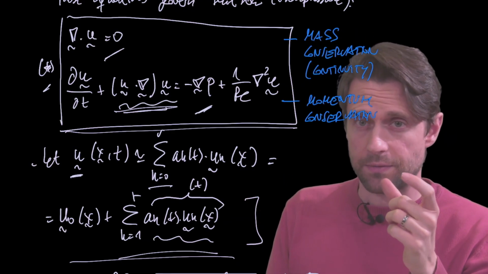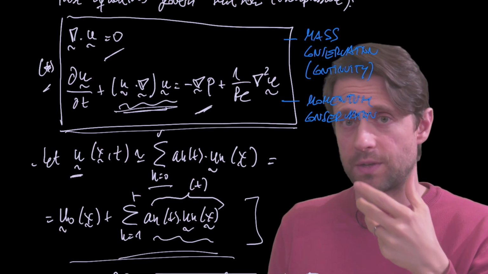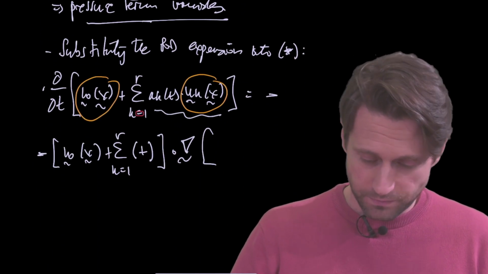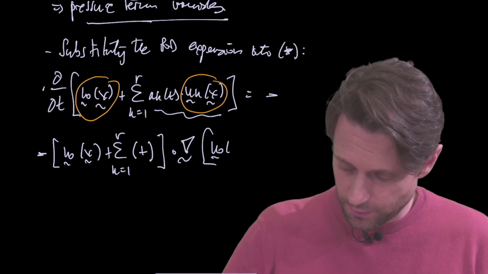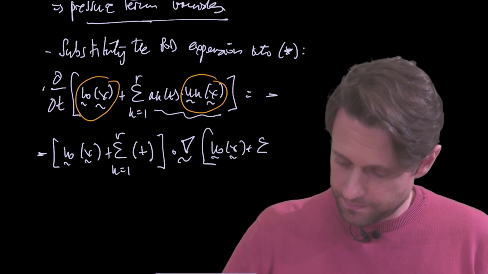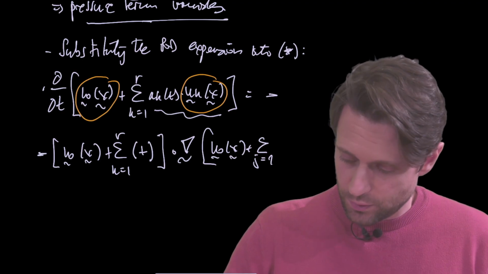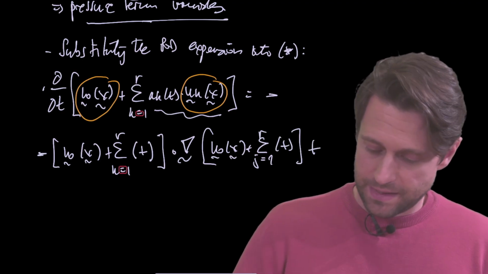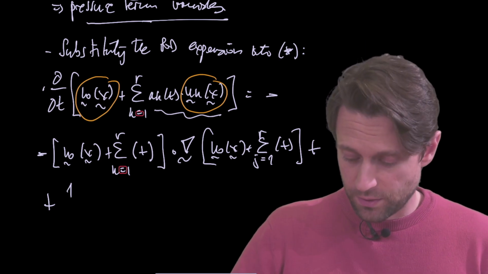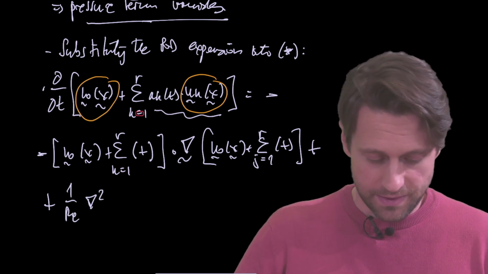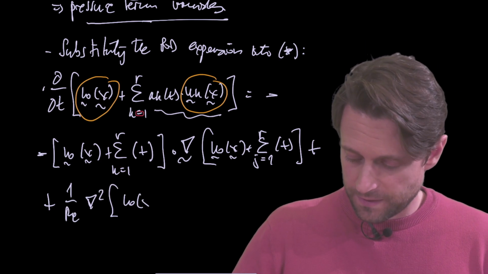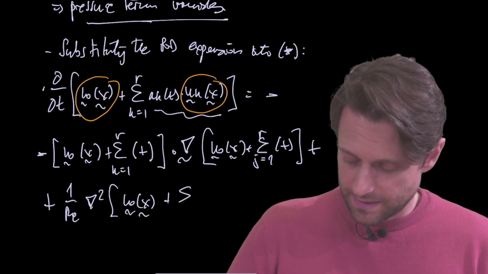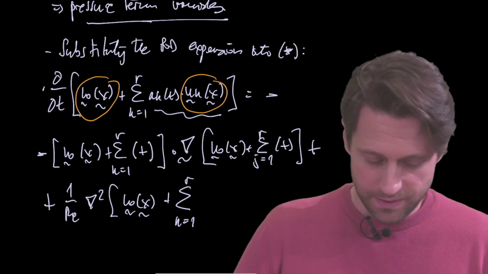So that means that I will have the same expression but with a different index. So what I will have here is basically U0 of x, which is again the mean flow, plus the sum now from j to r of plus. And now the last term is the viscous term, which is 1 over the Reynolds number times the Laplacian of U0 of x plus the sum from k equals 1 to r of plus.